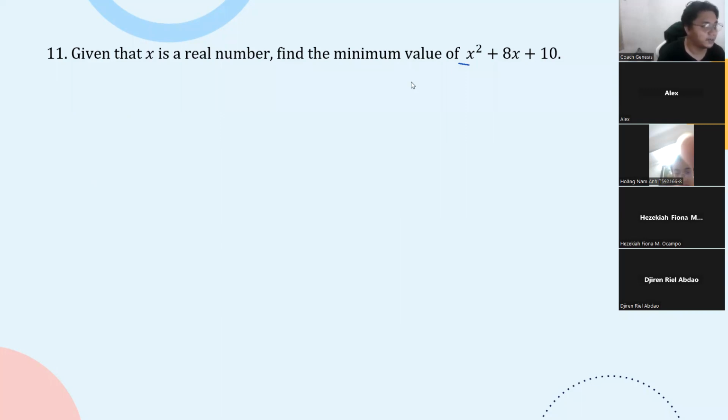Now, what will you do here? We use completing the square. So how do you complete the square? So the first thing here is we have x squared plus 8x plus 10. We then look at the coefficient of x, that is 8. We divide 8 by 2 and then you square the value. So that will be 8 divided by 2, that is 4 squared, which gives us 16.